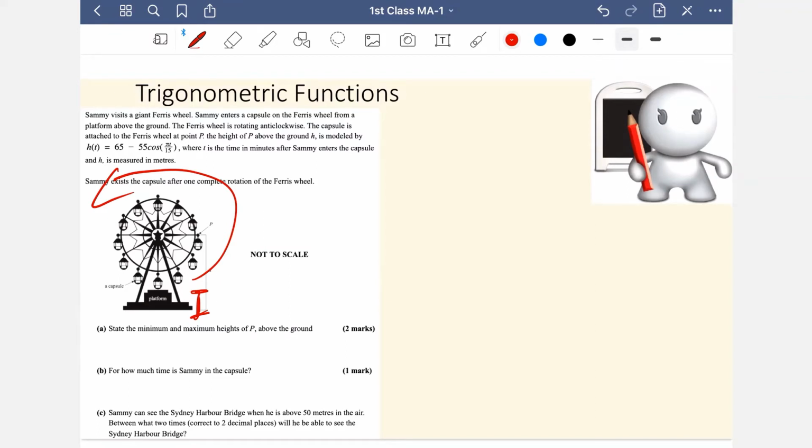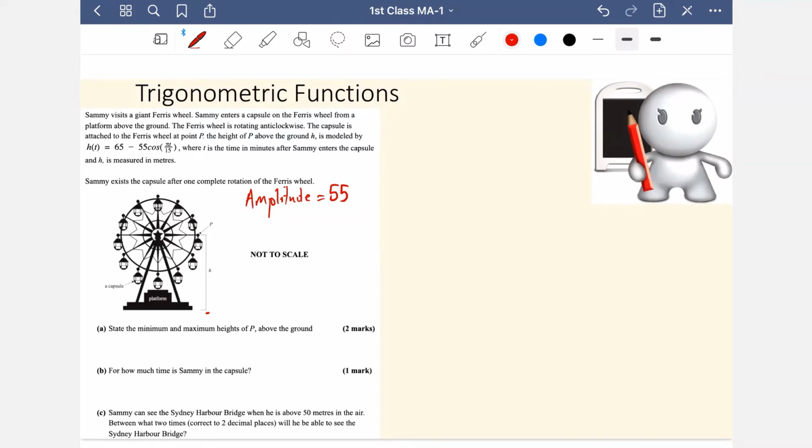In this particular formula, what we have is the amplitude is 55. Now some of you might say, well, the amplitude is negative 55.